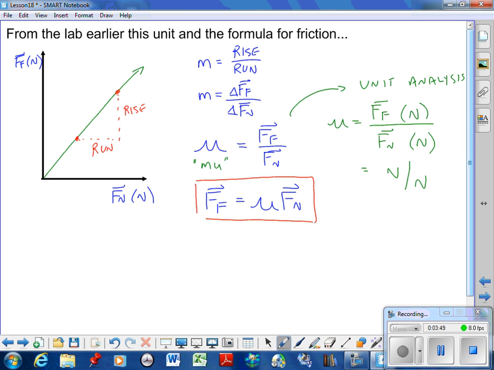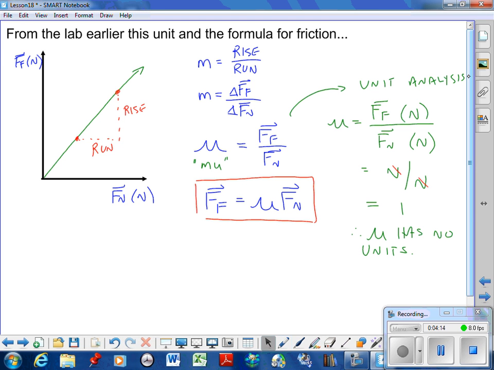So for every newton of force, another newton results, and if you do newtons divided by newtons, it turns out to be a value of 1. So therefore, mu has no units. It's unitless.